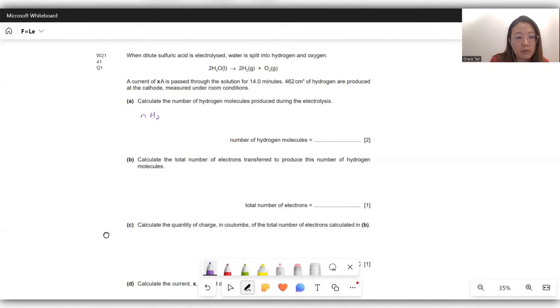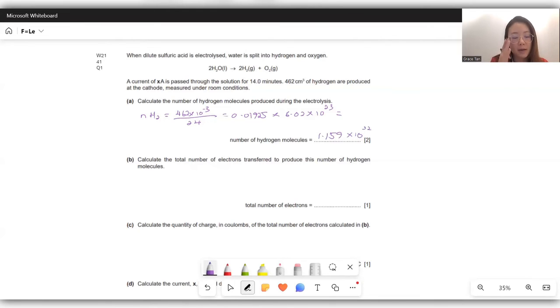The moles of hydrogen is 462 converted to dm cube, divided by 24, and the number of moles is this. Therefore, to get the number of hydrogen molecules, you multiply the moles with Avogadro constant. So I get 1.159 times 10 to the power of 22 hydrogen molecules.